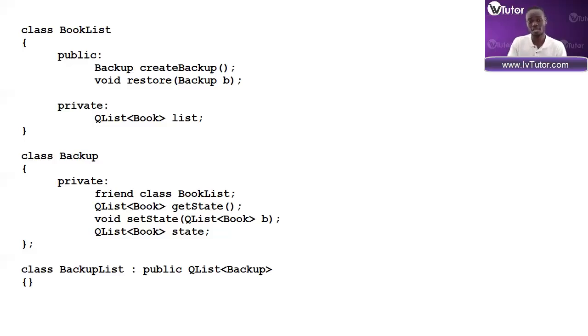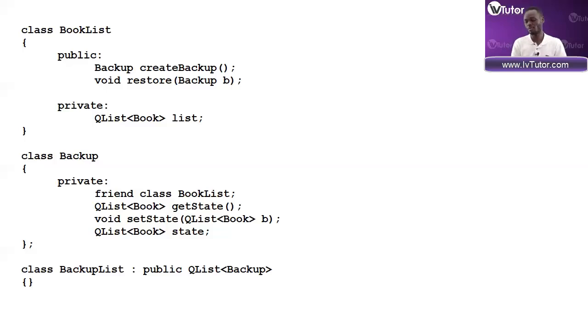Everything must be private, and your originator must be a friend of your Memento class in order to meet the encapsulation requirements of the Memento Design Pattern. And lastly, your caretaker is nothing but a list of your backups, which means it's the simplest of all these three classes.